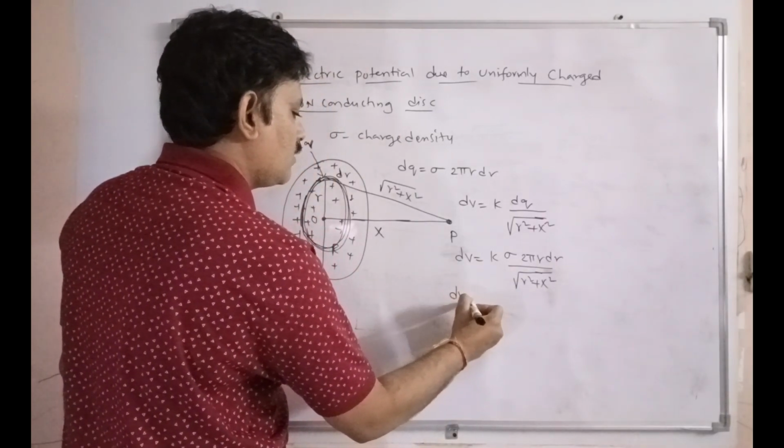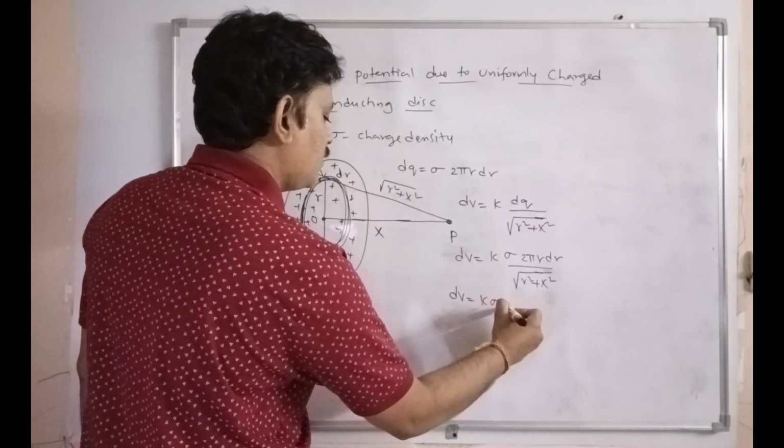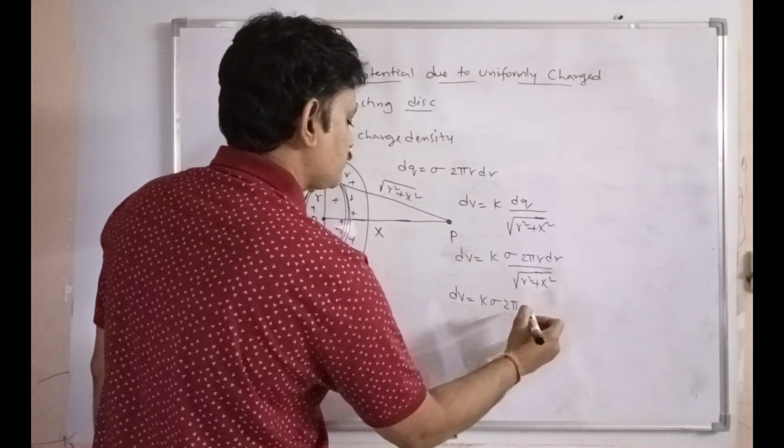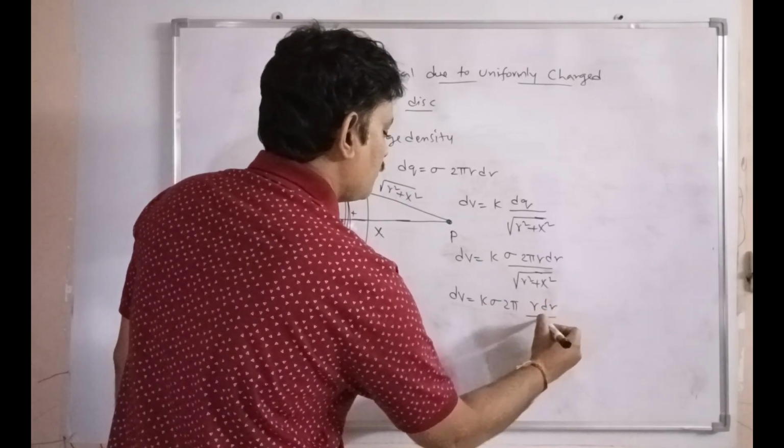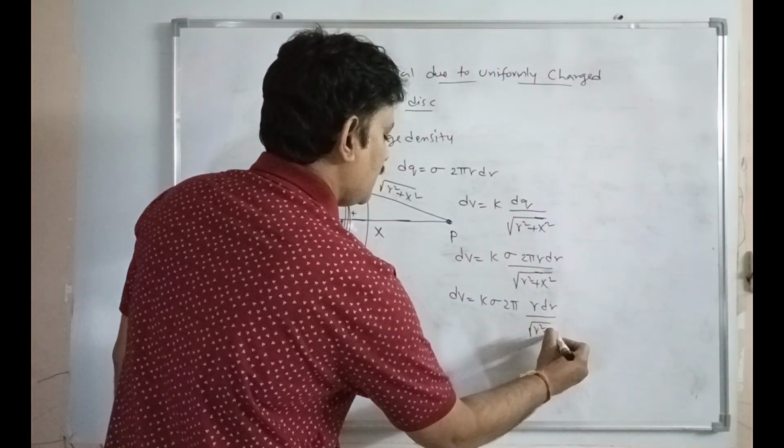So dV is equal to k into sigma into 2 pi into r dr by root r square plus x square.